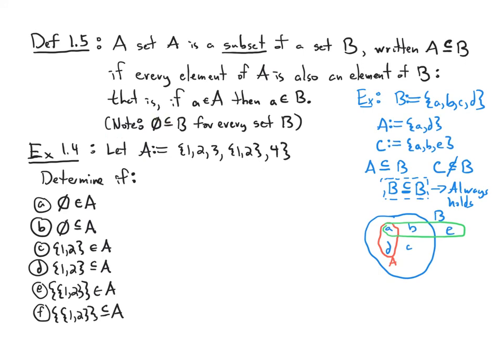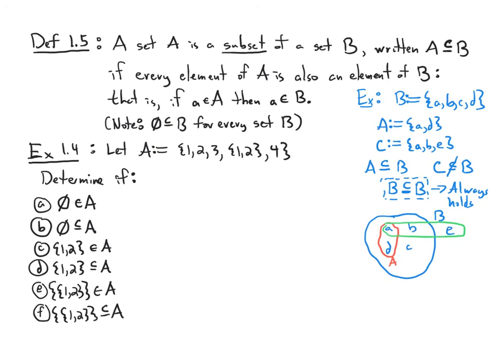But the empty set is always a subset of any set. And we'll talk about why that is in the next few videos. It has to do with some logic stuff that we'll get into. But the empty set is always a subset of any set. So know that. Okay. So knowing that, determine which of these 6 are indeed true.